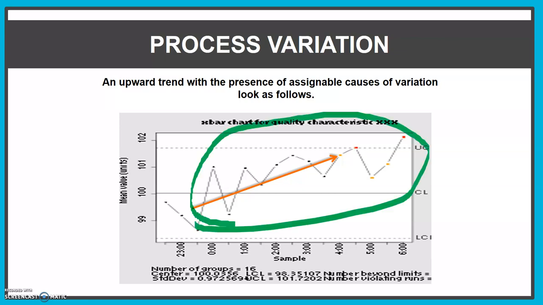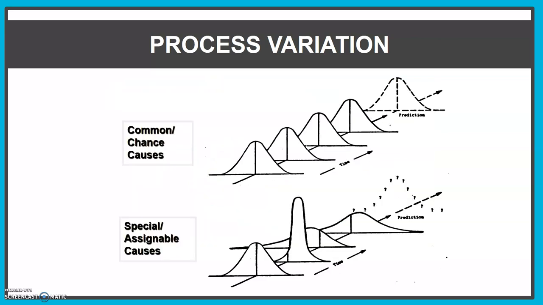So although your control chart is something like this, it's still under control, with only one outlier here, but the trend is getting higher and higher. So you have to do something to prevent more assignable causes from happening in your process. Assignable causes will be like that.